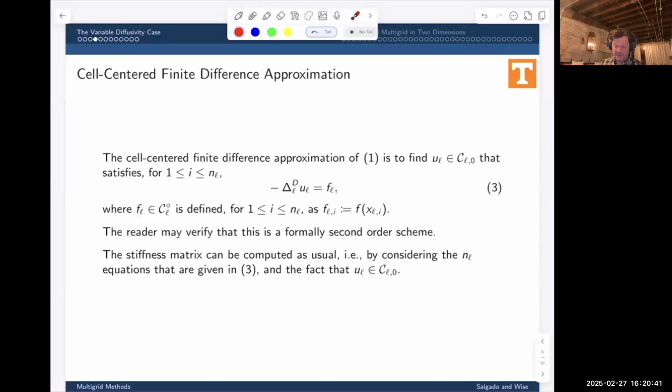So this is defined for I between 1 and NL as f_L,I, that's the ith coordinate of this grid function. f_L,I is f(x_L,I). That just means we take the continuous function f and sample its values at the cell-centered grid points, and that gives us a function.